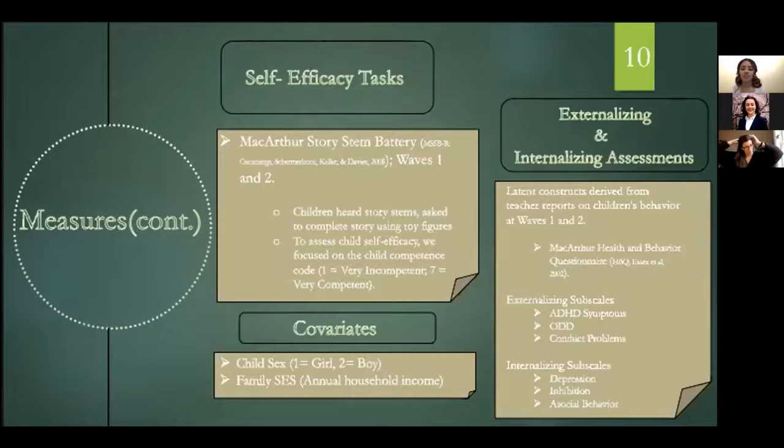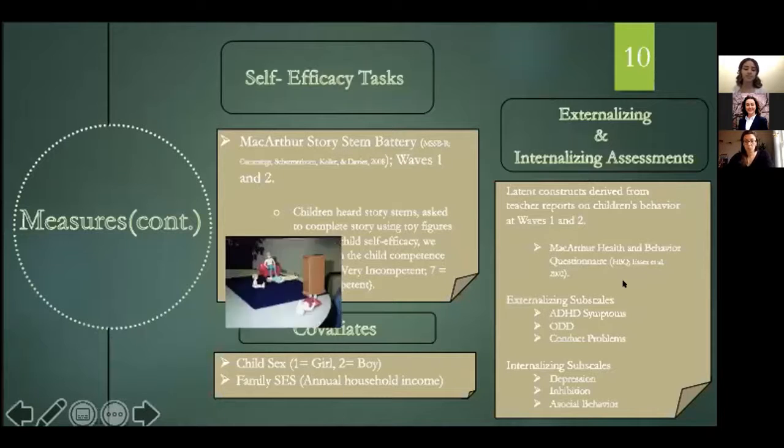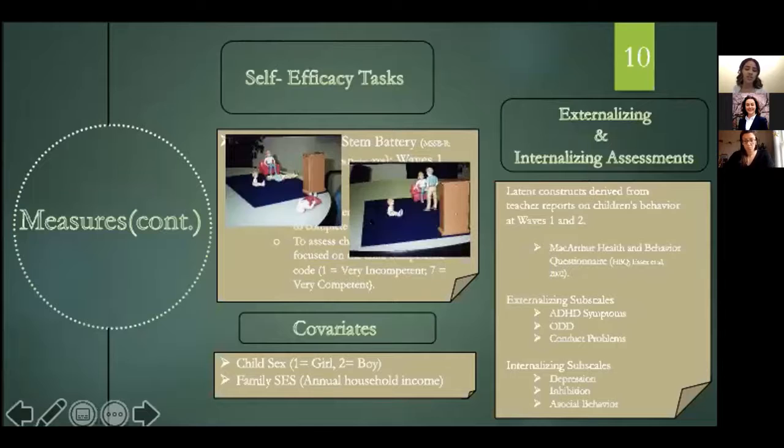Very competent ratings reflected children's portrayals of themselves as being competent figures in using available resources to manage relationship challenges and stressors in the most effective and resourceful ways, whereas children who saw themselves as very incompetent did not exhibit the ability to manage challenges effectively and were therefore more likely to be susceptible to threat. These pictures here just show the little toys that were used during the task.